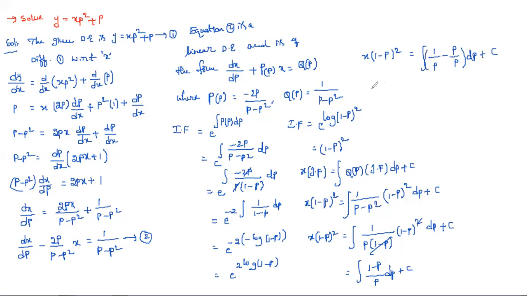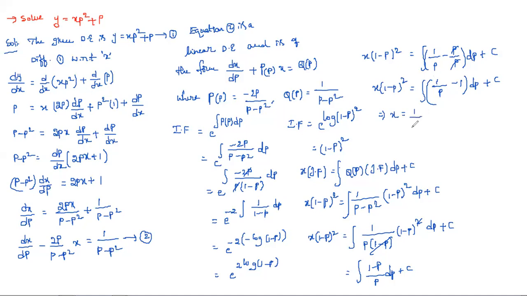So here it is x into (1 minus p) whole square is equal to integral, 1 by p as this, and p by p both will cancel. And what about the remaining here? 1. So 1 into dp plus constant. And from this, so x is equal to, take this term to this side. Okay, so before that we can apply integration for this.